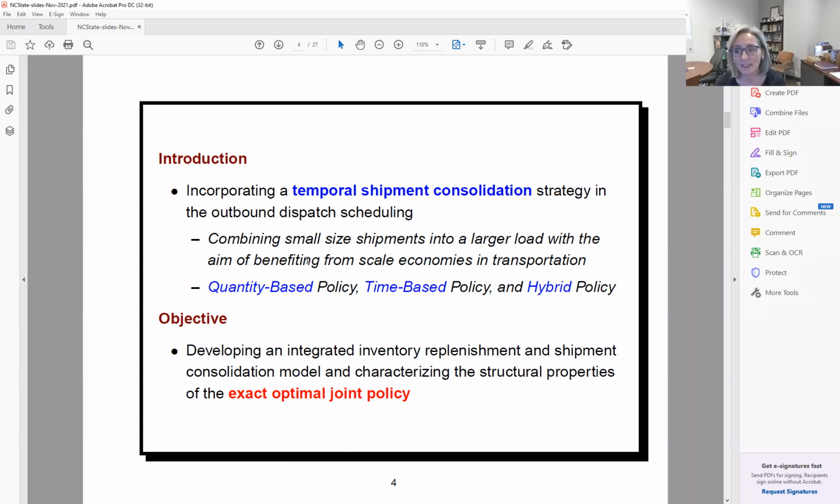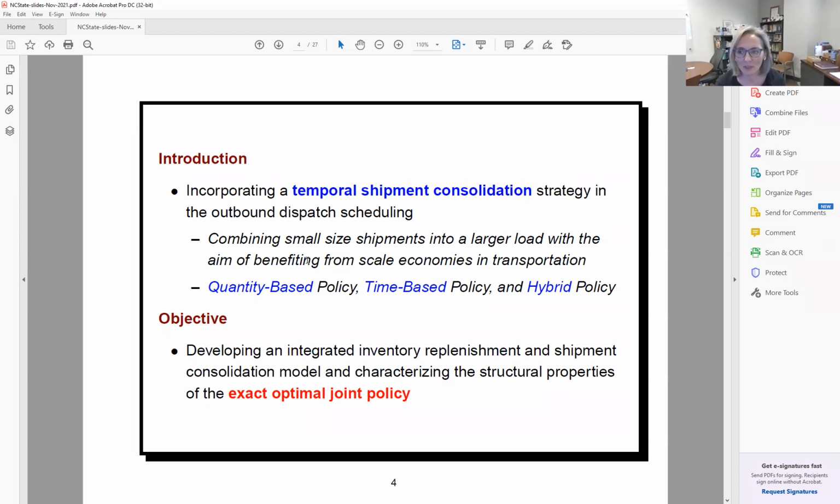And when we say temporal, we are basically saying that we are going to consolidate orders over time. There are several practical policies of interest when it comes to temporal shipment consolidation. These are quantity-based policies, time-based policies, and hybrid policies, and I will define them shortly.